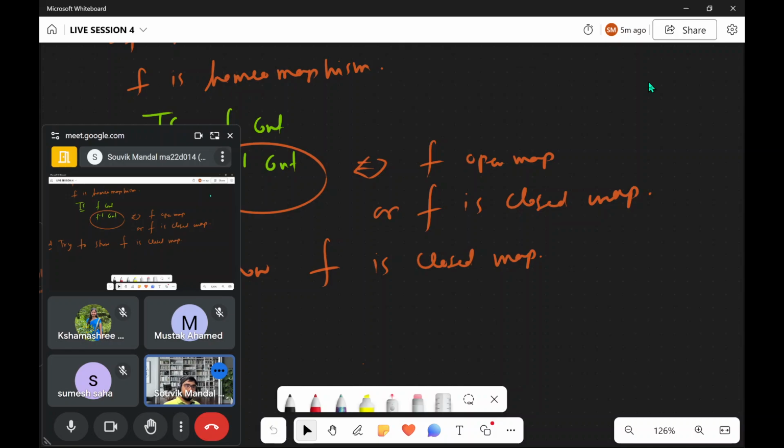What you have shown is that f of capital X is closed, but we need to check that the image of an arbitrary closed set is closed, for any given closed subset F of X. Are you able to understand my point?